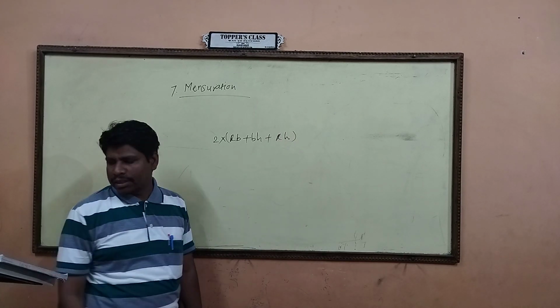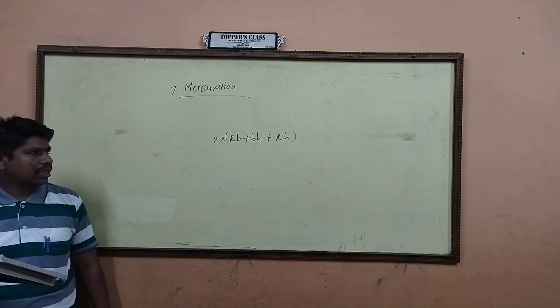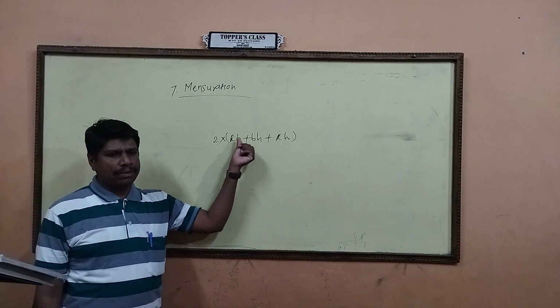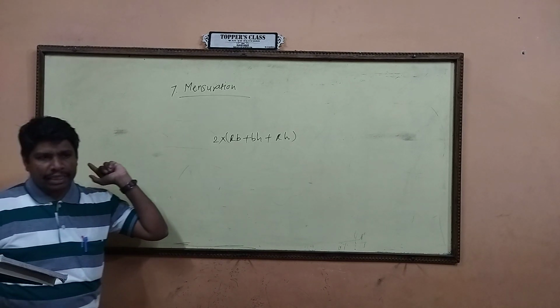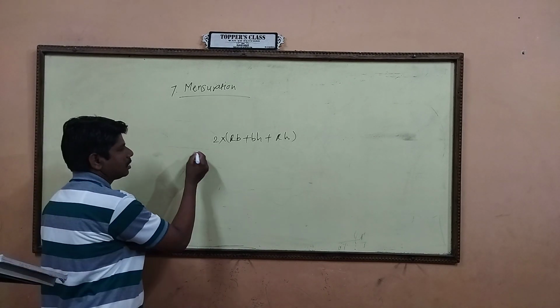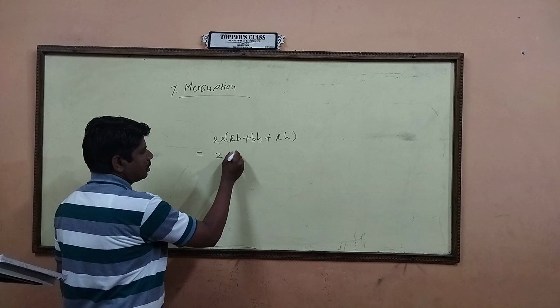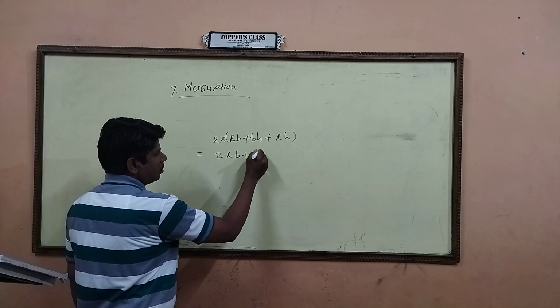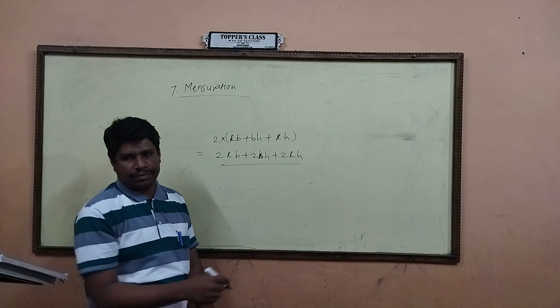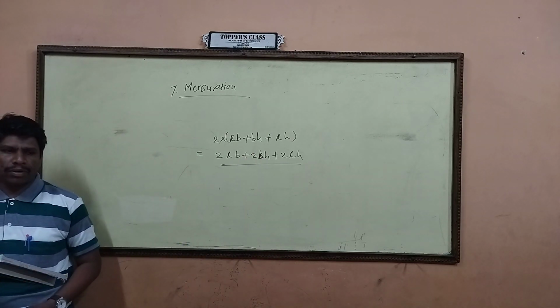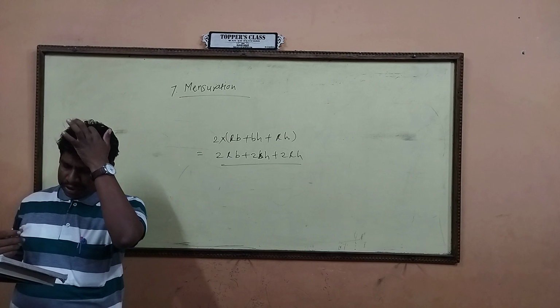Getting it? This is your formula. L means length, B means breadth, H means height. This formula can be written in a different manner also, but the formula is not changed.